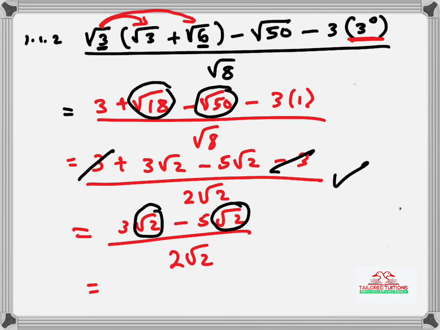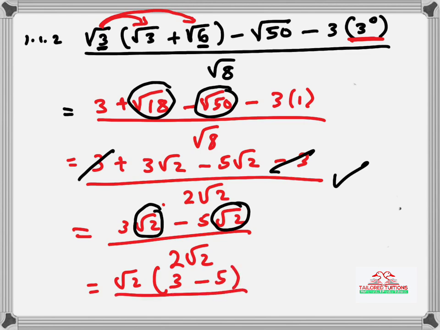Square root of 2, and this term divided by square root of 2, we are going to be left with 3. This term, minus 5 root 2 divided by square root of 2, we are going to get minus 5.